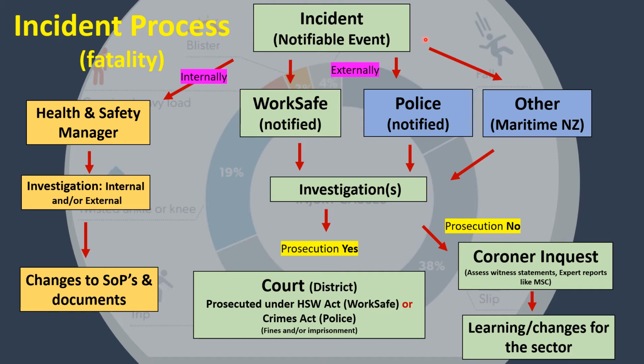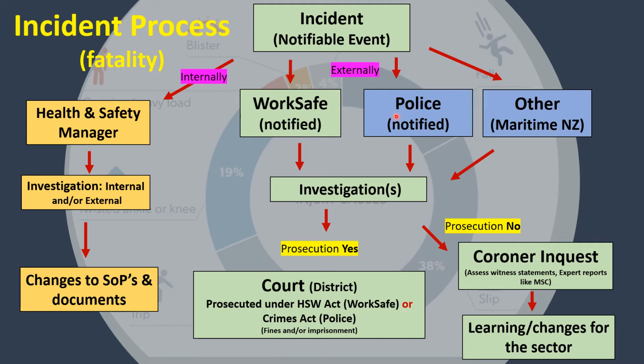The process gets a little bit more complex when there's a fatality, so someone dies in an incident at work. Obviously, you have a similar process within your own organisation as previously. WorkSafe will be notified, but also the police, and other agencies like Maritime New Zealand may be involved if the fatality happened on water.